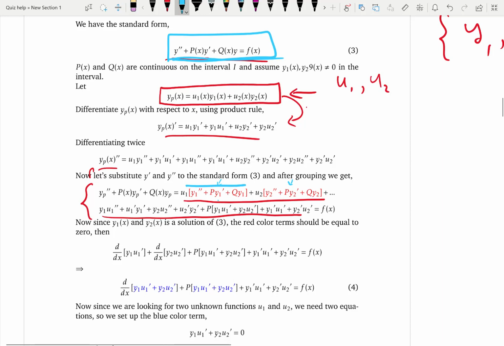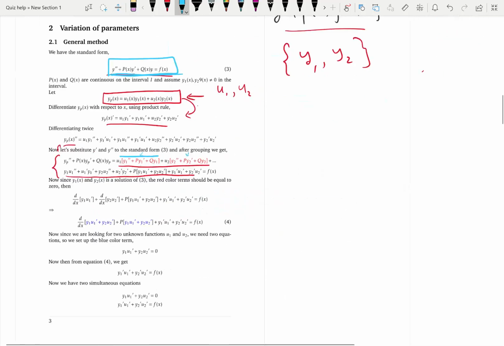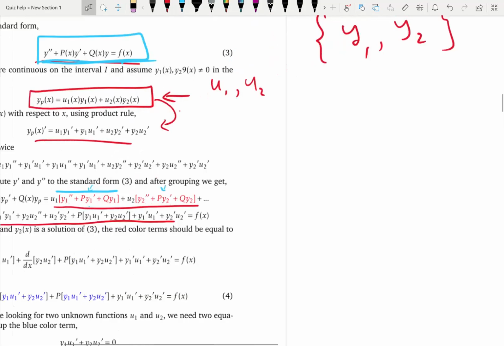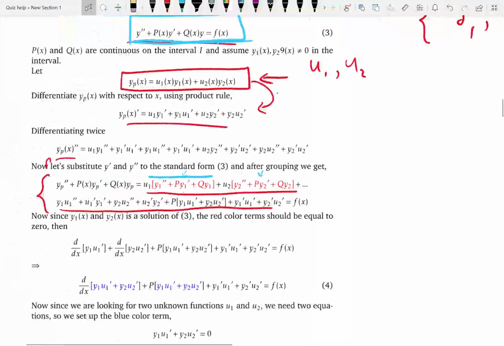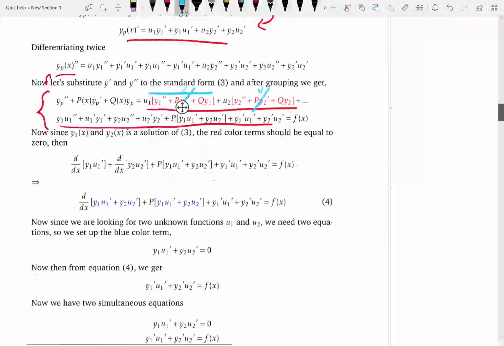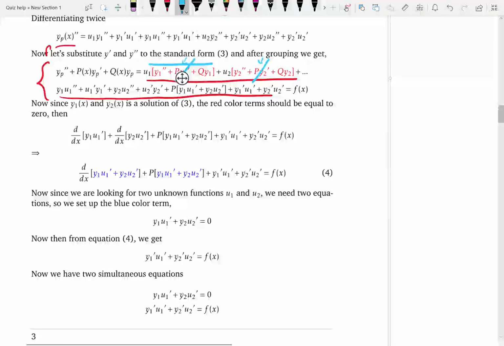What do you get if you substitute y1 or y2 into the differential equation? You should get 0, right? Because y1 and y2 are solutions of the homogeneous differential equation, meaning you get 0, not f. So these terms will become 0. That helps, right? We get a shorter expression than the longer one.